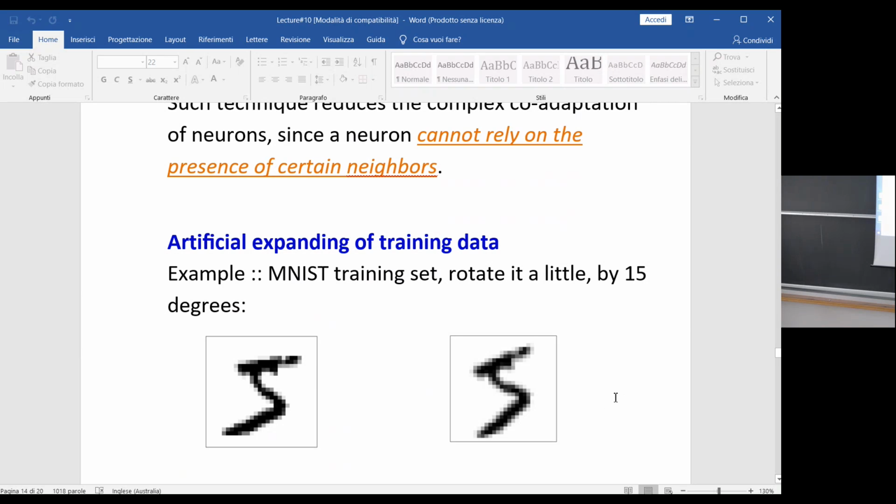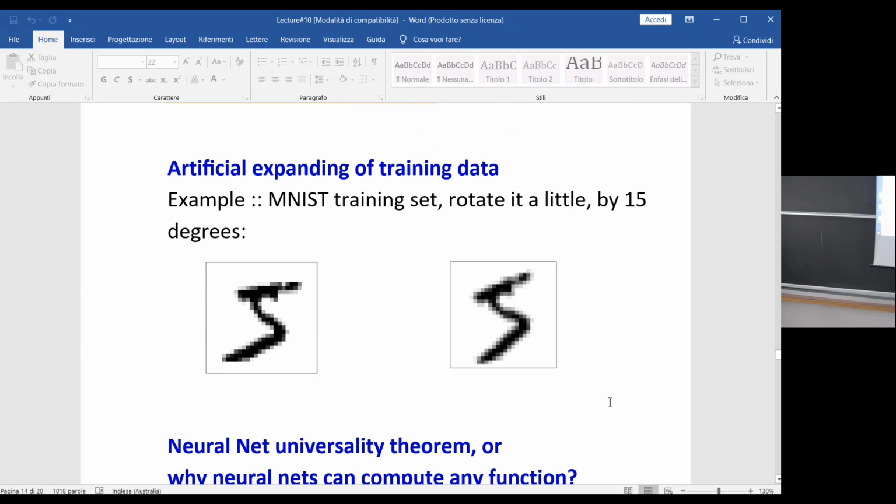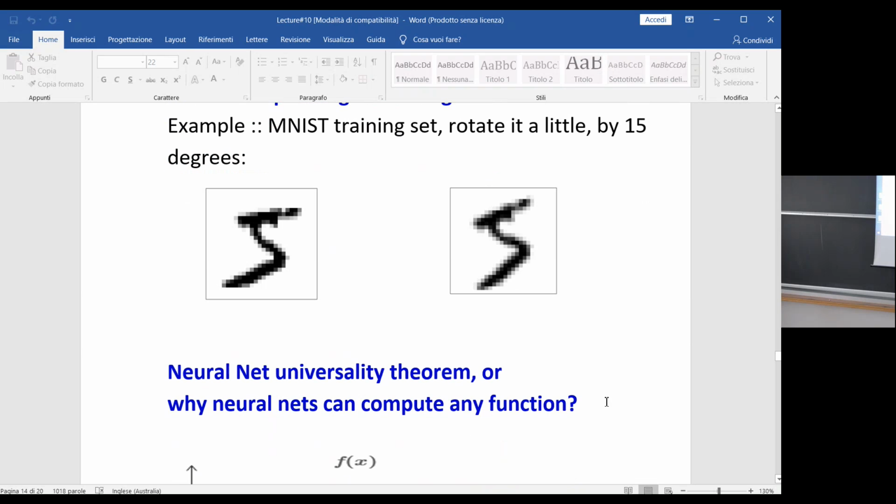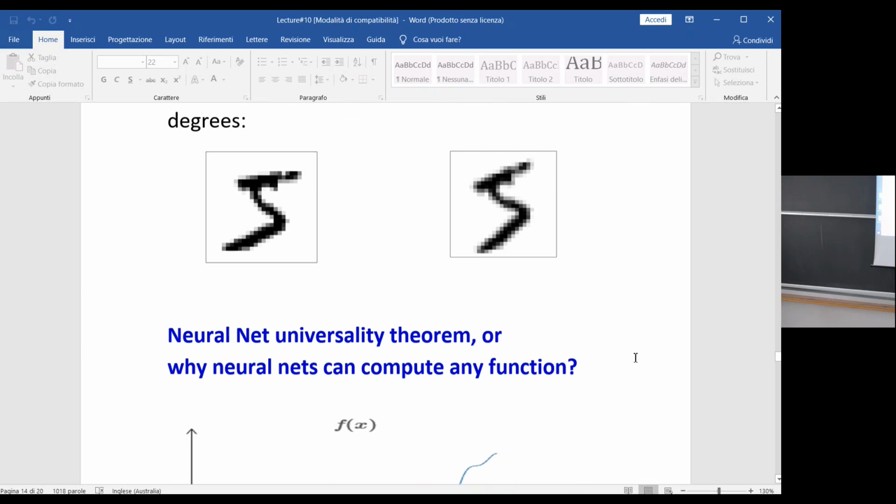We can rotate, then we can shift inside a little box, and then modify the handwritten image by simulating some tremor of the hands of some person, and so on.